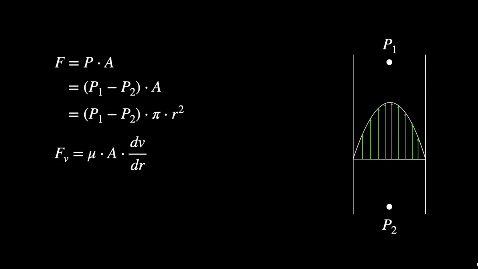What's it going to depend upon? How will it depend, and what will it change with? First of all, the area. That's really easy to understand, because the more area of contact, the more viscous force it's going to apply according to that area.